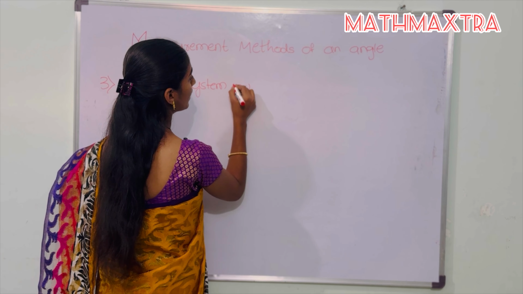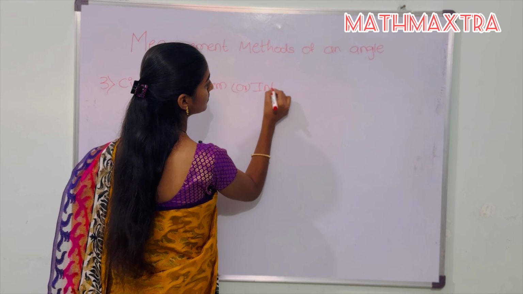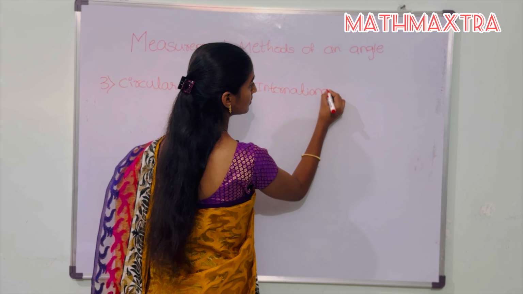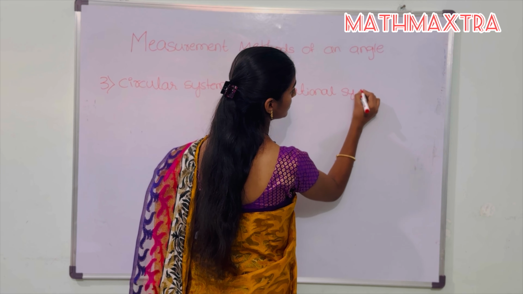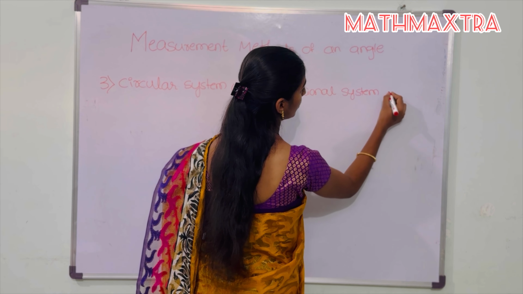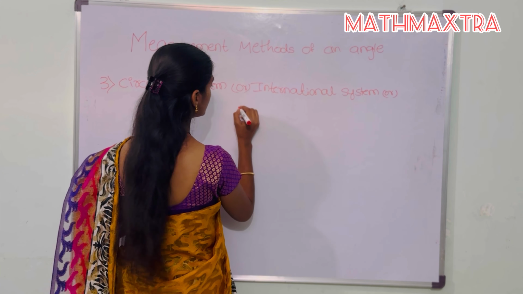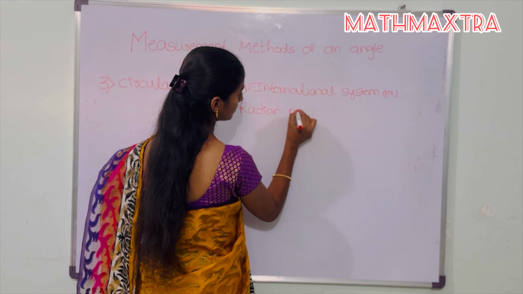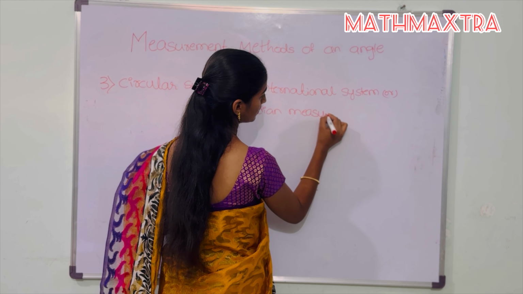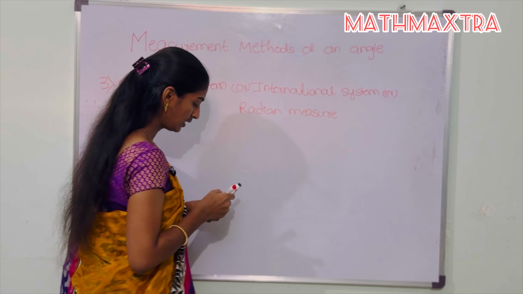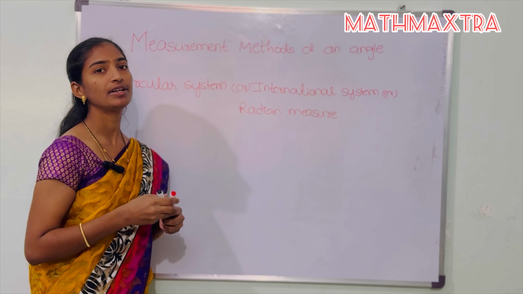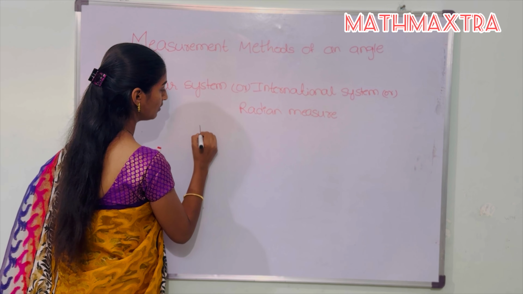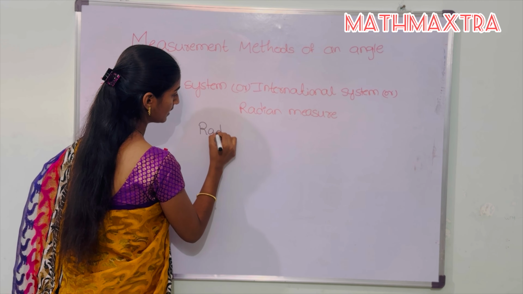This is also called the international system or radian measure. In this, the unit of measurement of an angle is the radian.